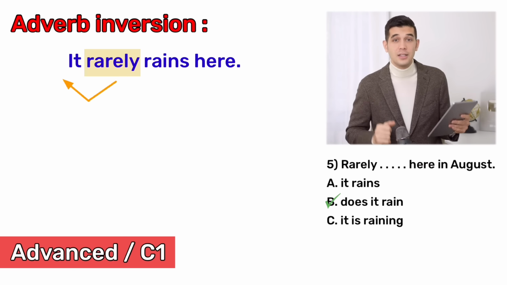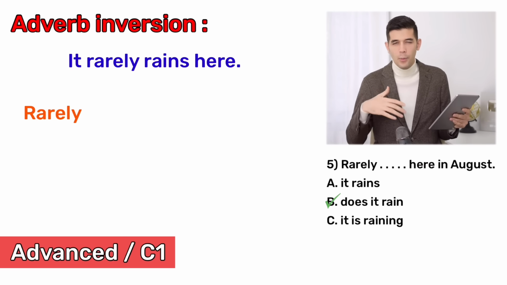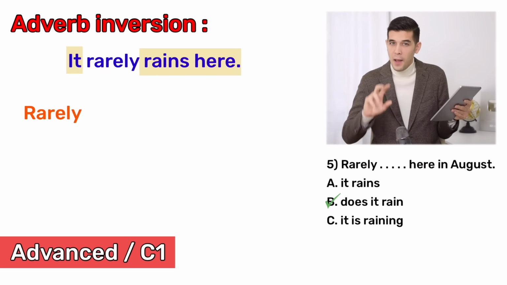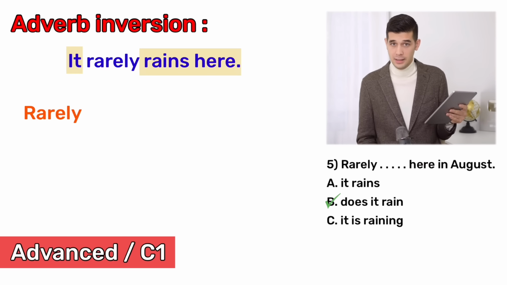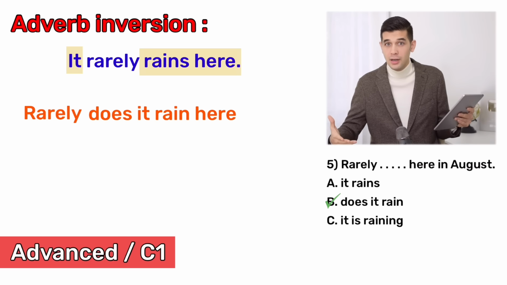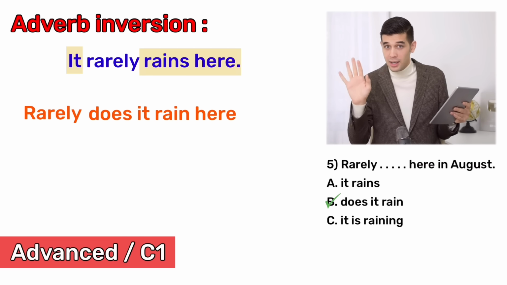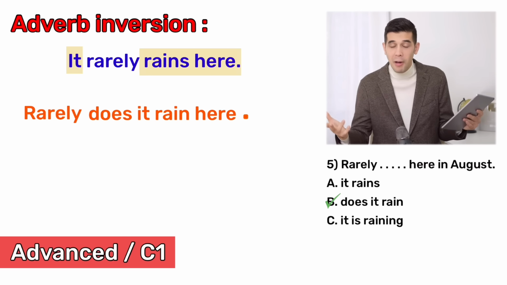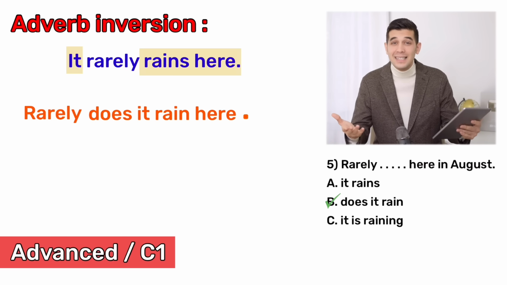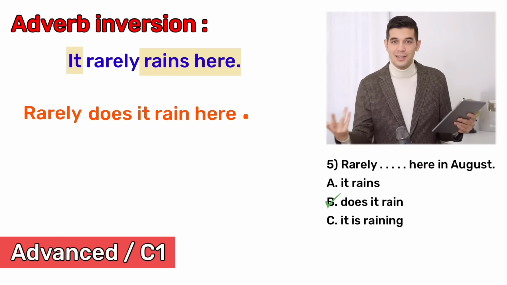So you start the next sentence with rarely. Now, what are you left with? It rains here, right? Make a yes/no question out of it. It rains here. Does it rain here? But instead of the question mark, put a full stop. What do you have? Rarely does it rain here. This is an inverted sentence.